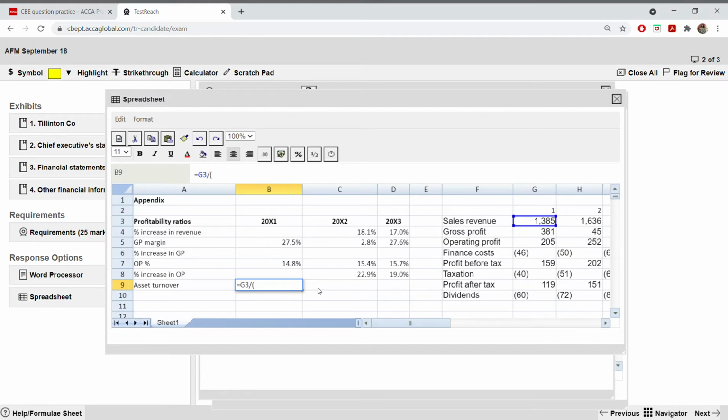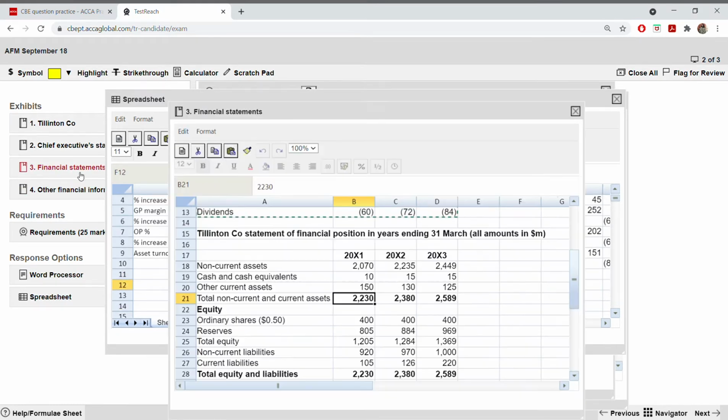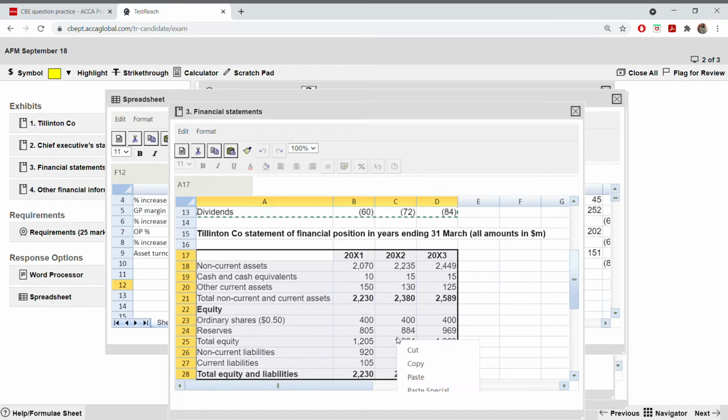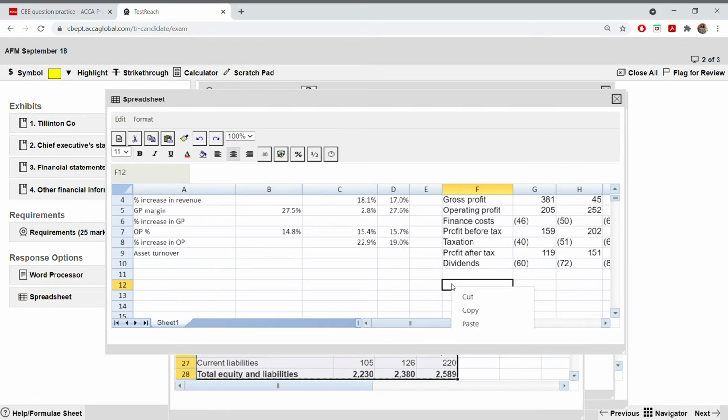Before you write this, make sure that you copy paste this also below. Copy. When you take it and press it in one cell, it will automatically copy it, like this.